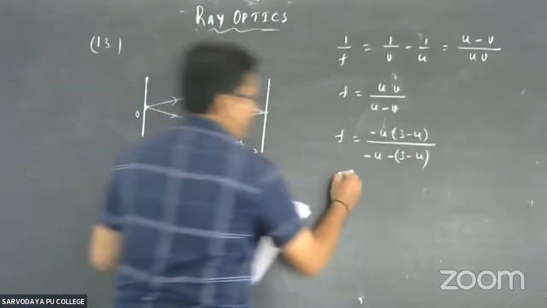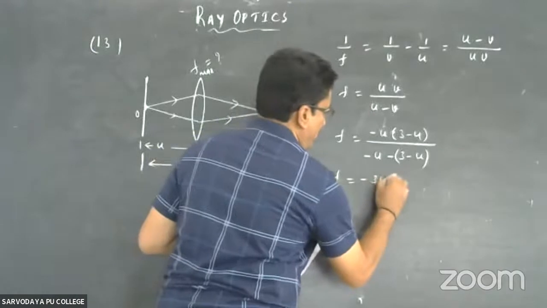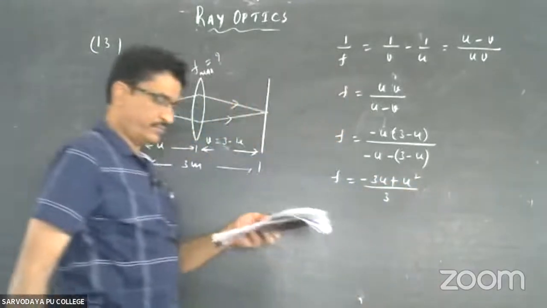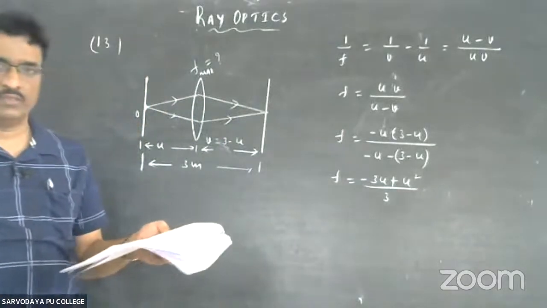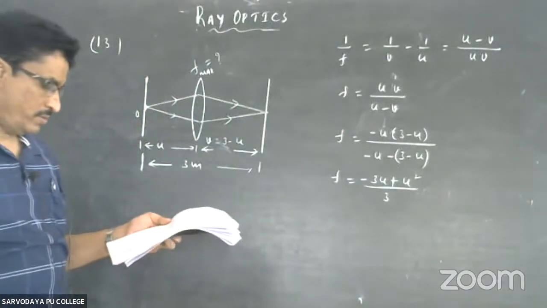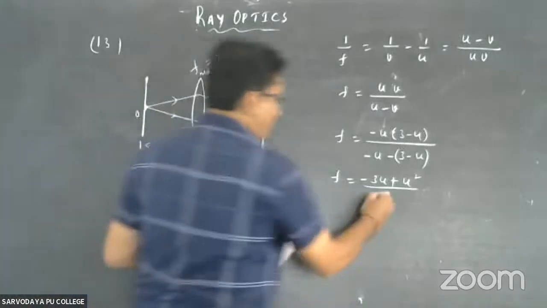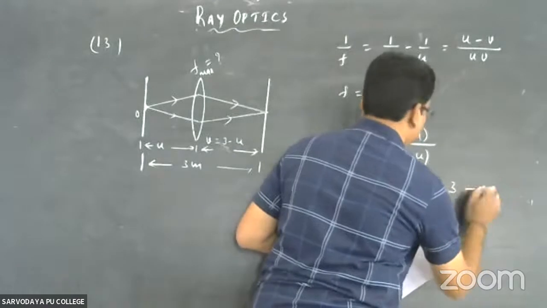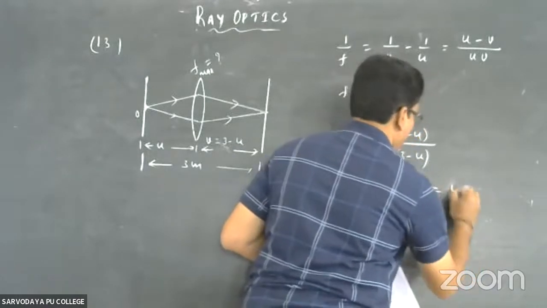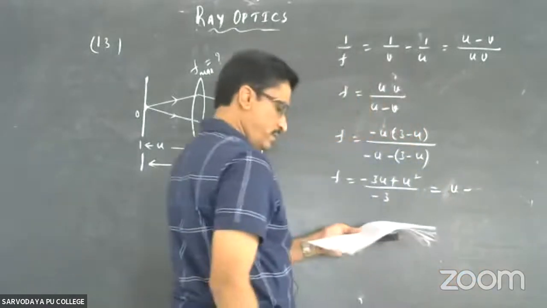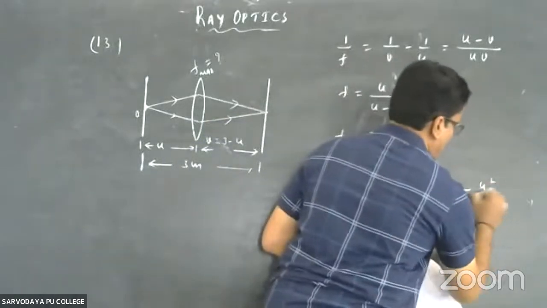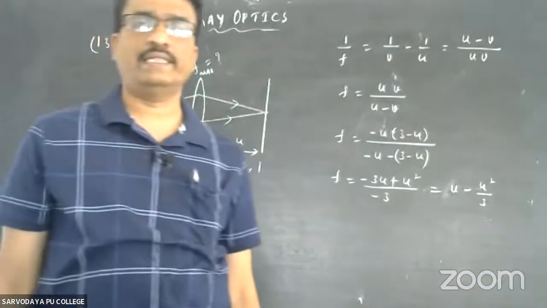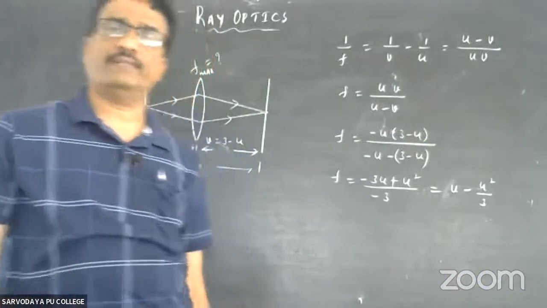Therefore, f becomes equal to minus 3u plus u square divided by 3, which is f equals u minus u square by 3. This is the formula for focal length in terms of u that we are getting.